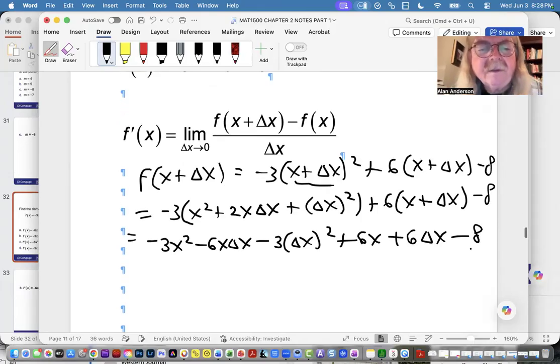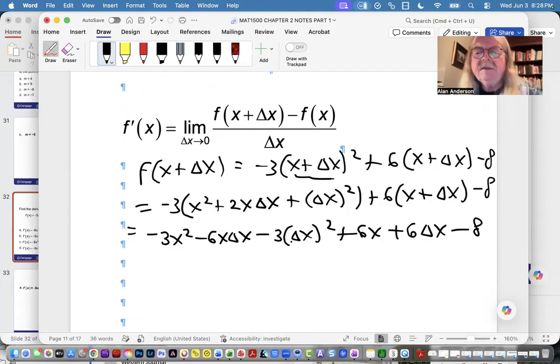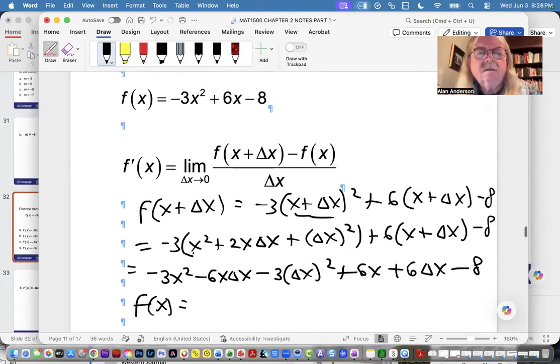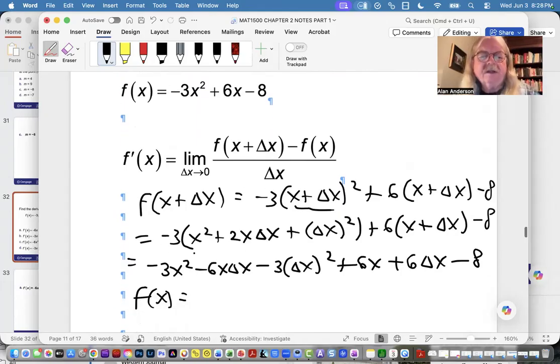Now hopefully we can simplify this thing. Well, maybe not. No, actually, this is fine. F of x was negative 3x squared plus 6x minus 8.